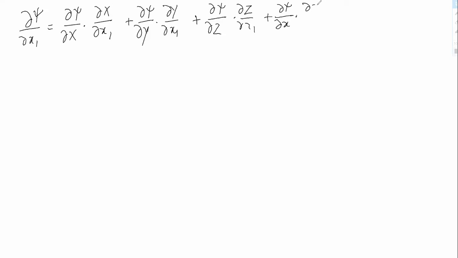delta x by delta x1 plus delta psi by delta y by delta x1 plus delta psi by delta z by delta x1. This is how you will write delta psi by delta x1 in terms of capital X, capital Y, capital Z, small x, small y, and small z.